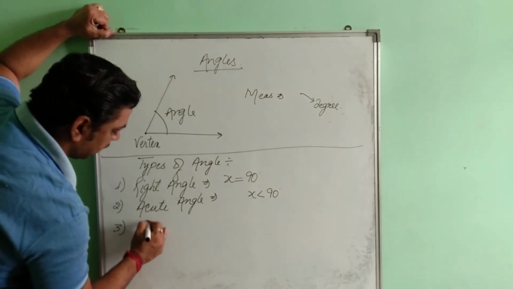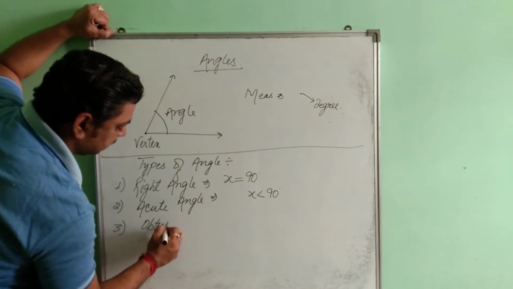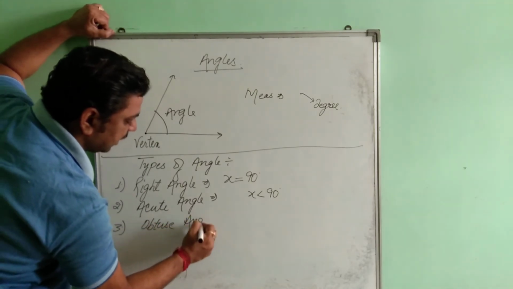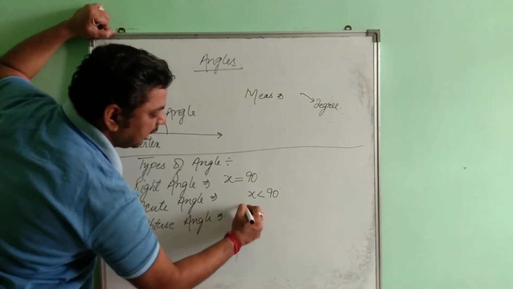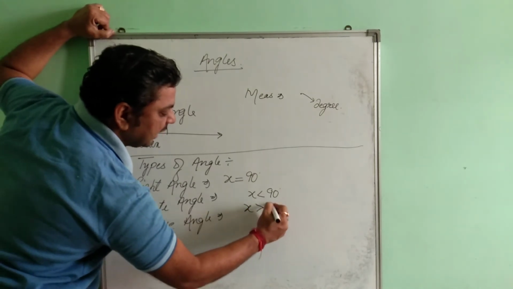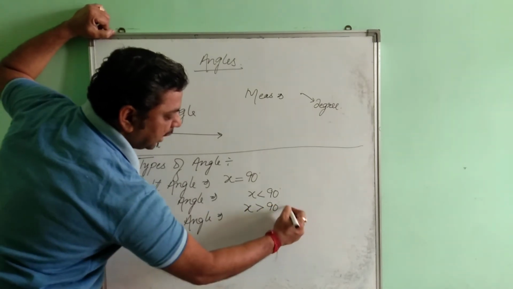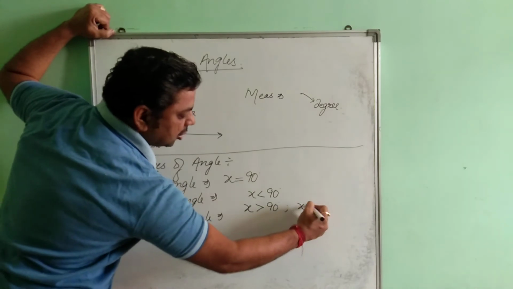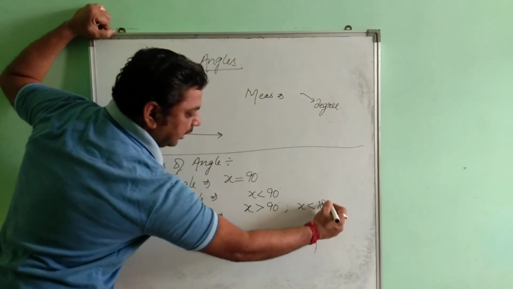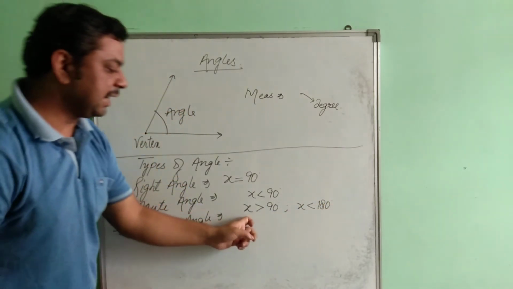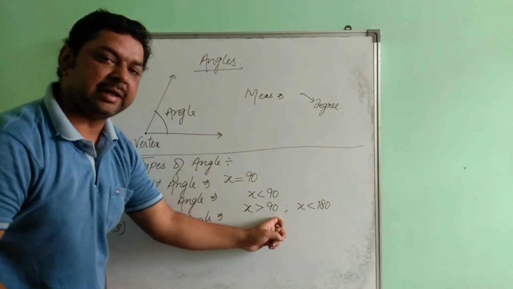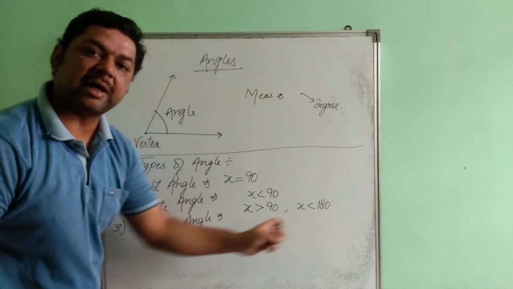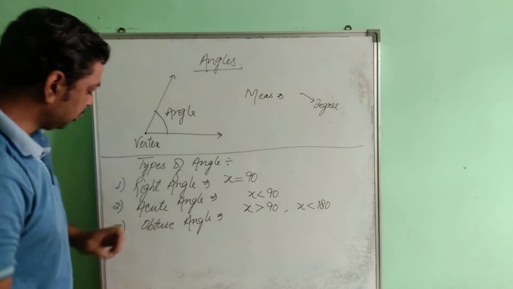Third, obtuse angle. Any angle which is greater than 90 degrees but less than 180 degrees would be considered an obtuse angle.